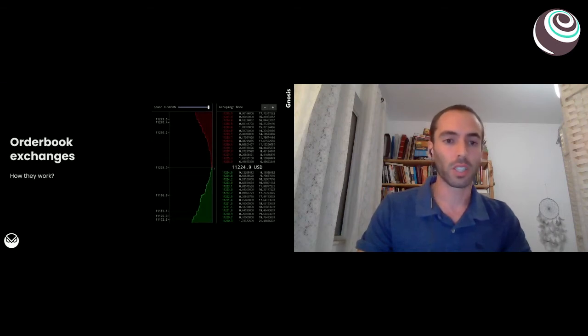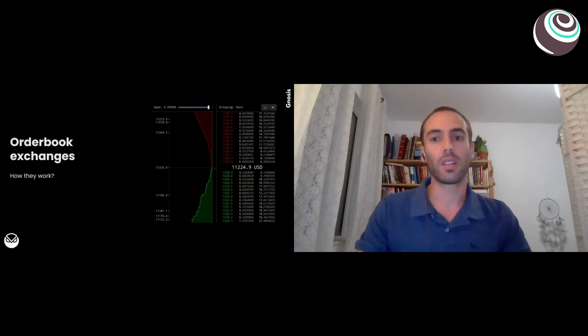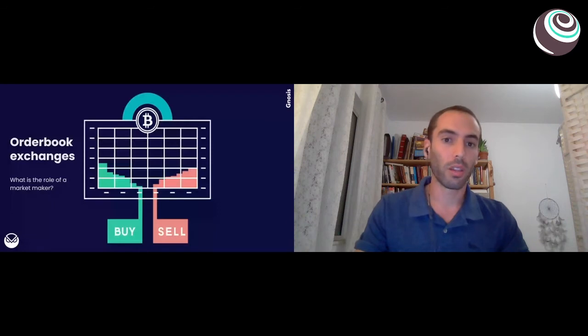So how does liquidity work on order book exchanges? The ability of participants to trade in this kind of market is heavily dependent on other participants filling the order book with bids and offers for the traded asset. So who are those players that make the order book liquid?